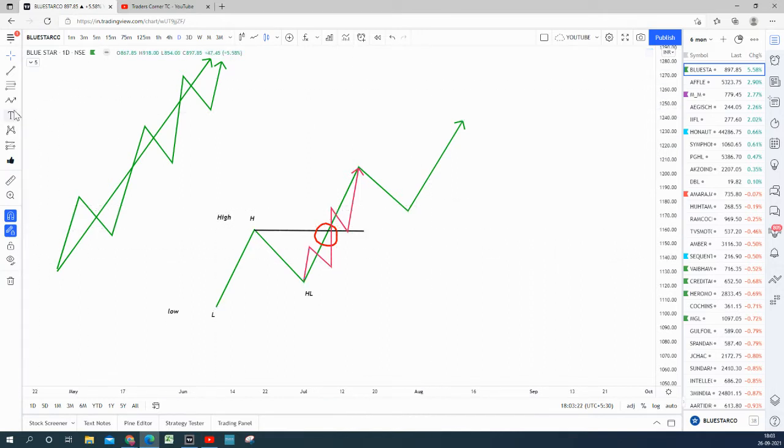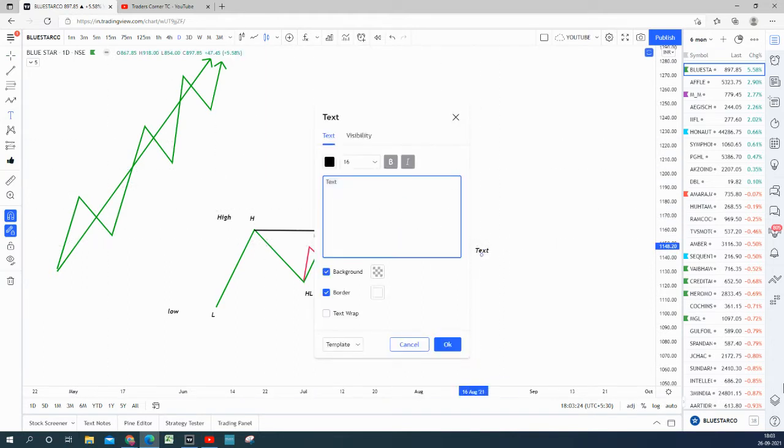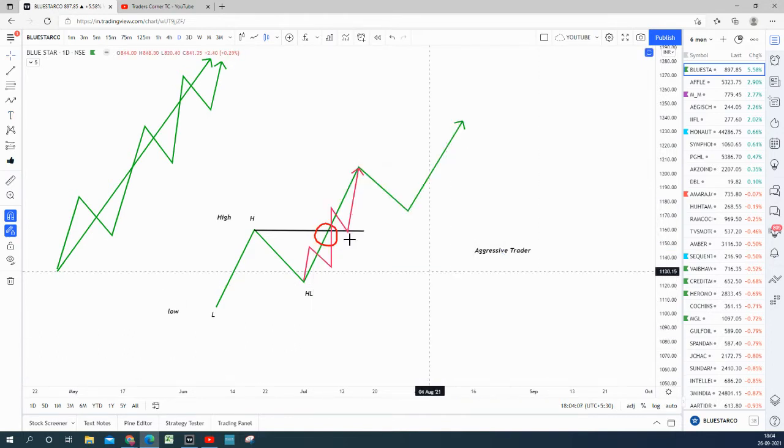And there are two types of trader: aggressive trader and conservative trader.